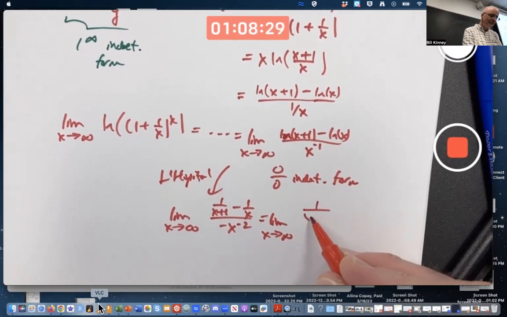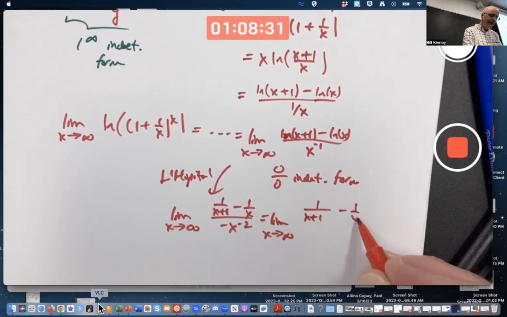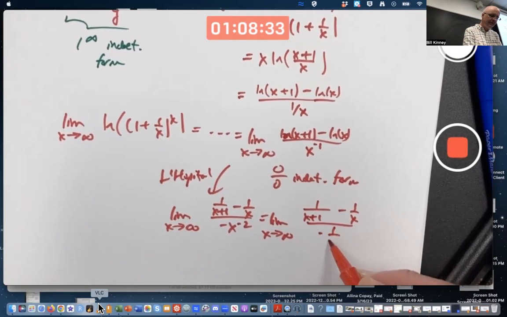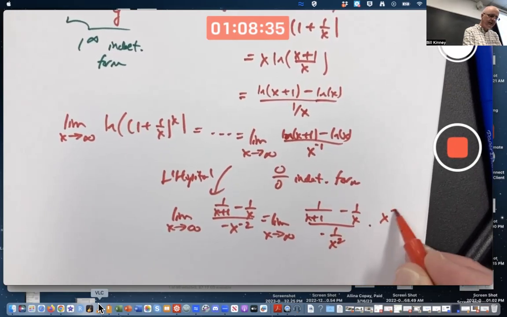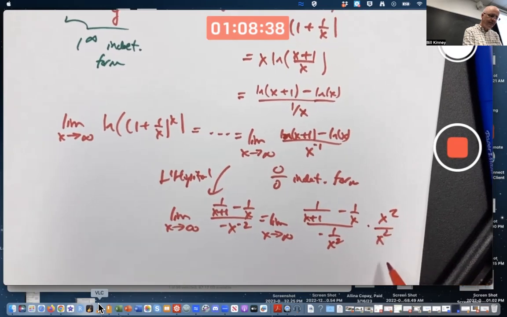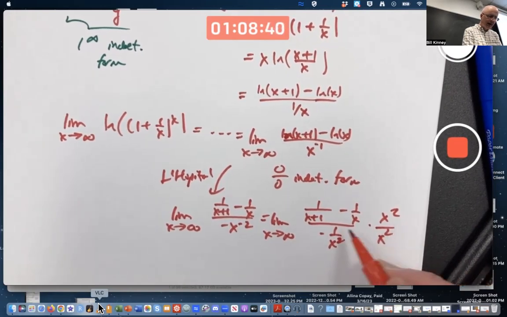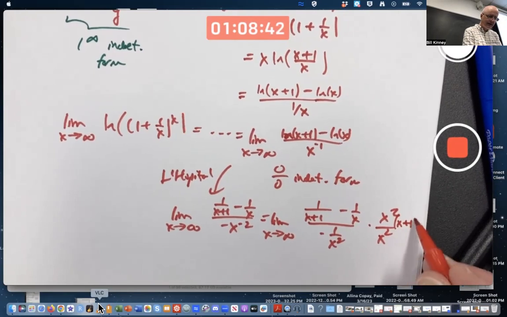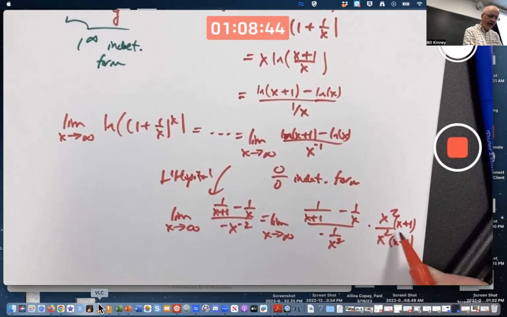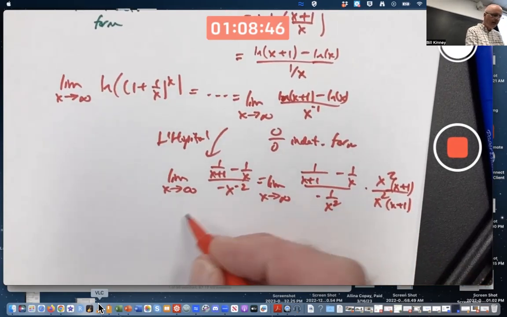Yeah, this is not so nice here. I'm going to simplify by multiplying the top and the bottom by x squared. It's one way to simplify. And I guess also get rid of that fraction there, multiply by x plus 1. It's not obvious to me whether this is going to work or not. Let's just see what happens.